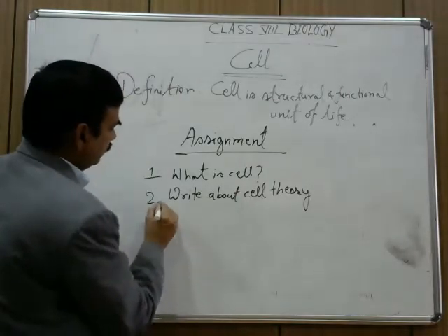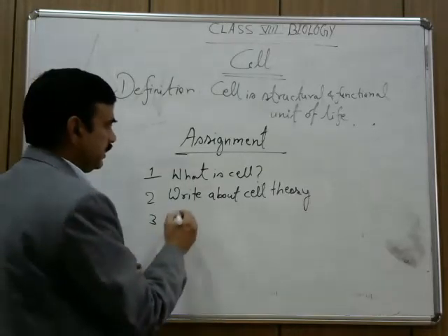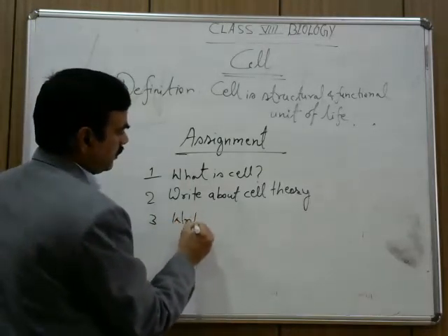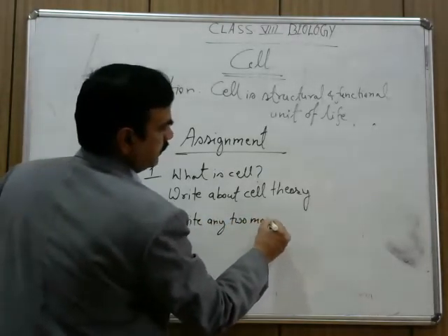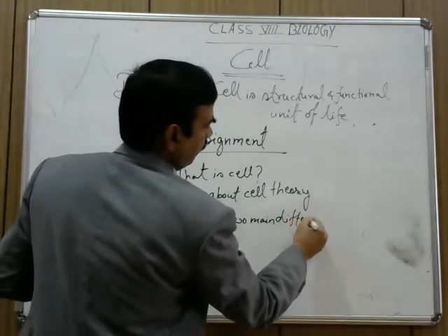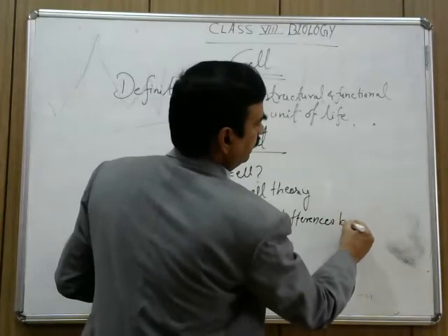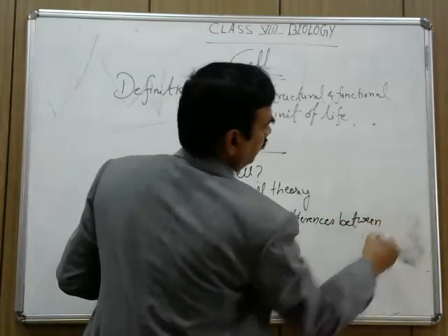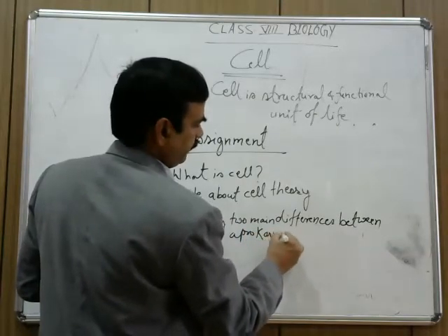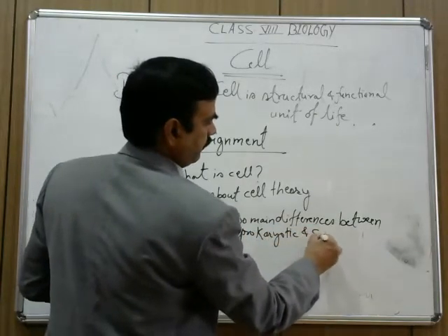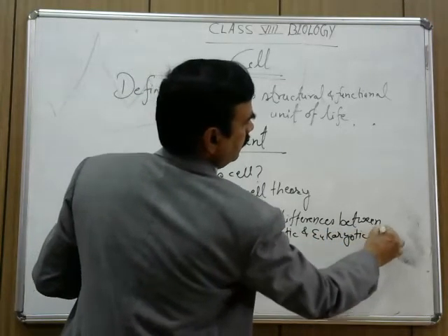Number 3, write any two main differences between prokaryotic and eukaryotic cell.